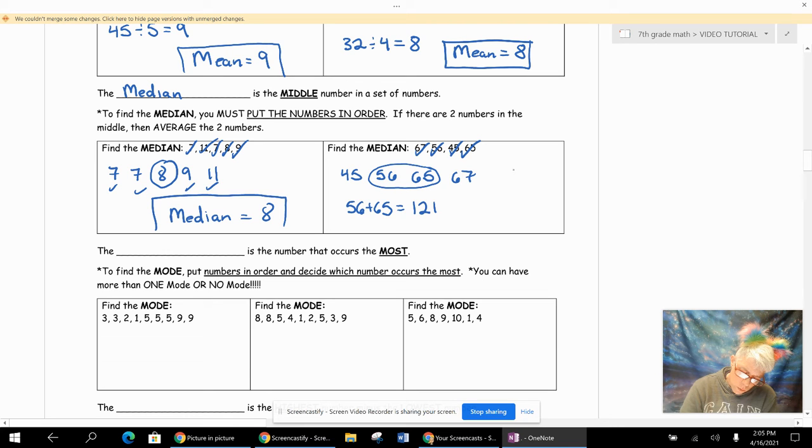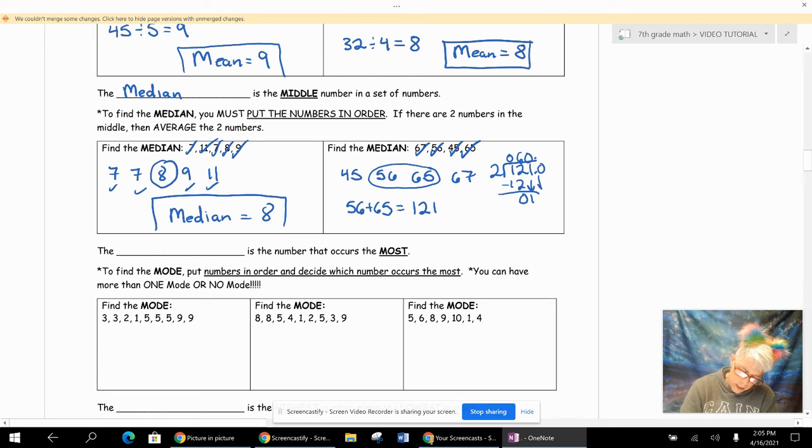And if I divide 121 by 2, I get 6 times 2 is 12. Subtract, bring the 1 down. 2 goes into 1 0 times. So I need to add a decimal, bring it up.